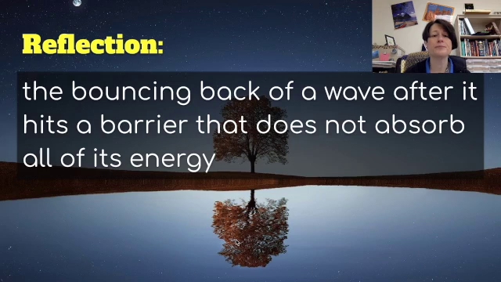Even on the surface of this pond or lake, we can see the reflection, but some of the light also may be passing through and maybe being absorbed. So just be aware that it's not just 100% reflected. But the reason you see this tree is because it is bouncing back.